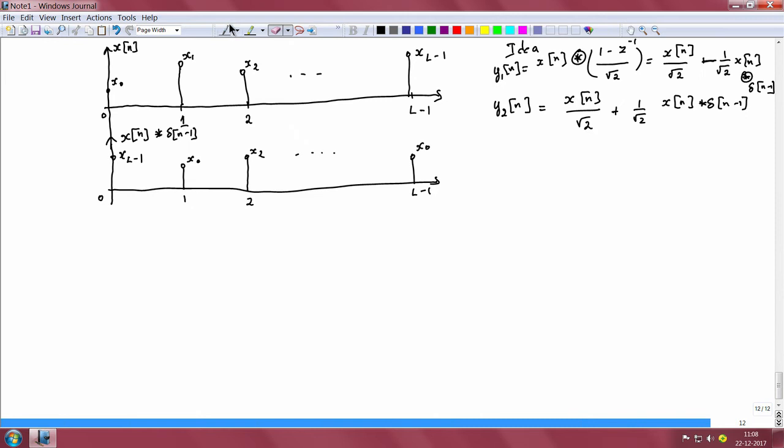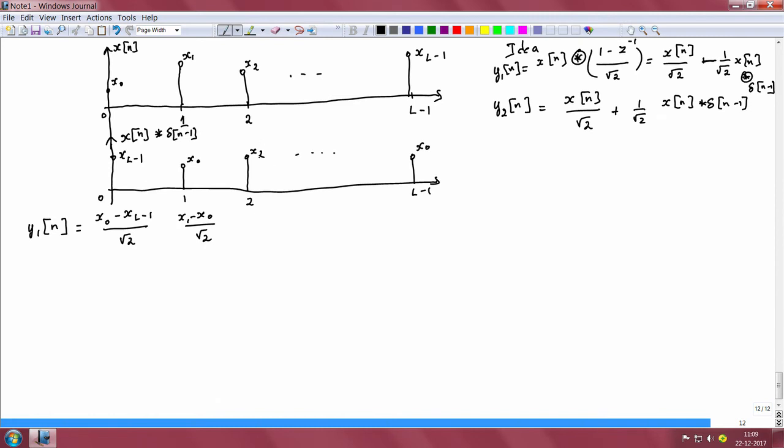Now y 1 of n can be obtained by subtracting these two signals and scaling by root 2, and y 2 of n can be obtained by adding these two signals and scaling by root 2. So, the values that we have here for y 1 of n will be x naught minus x L minus 1 by root 2, at dimension 1 it is going to be x 1 minus x naught by root 2.